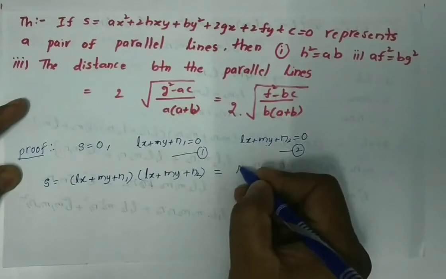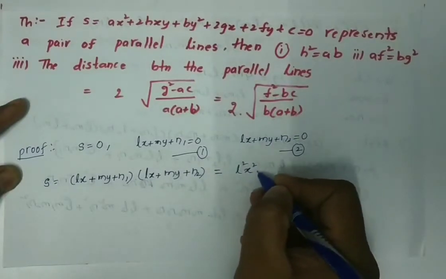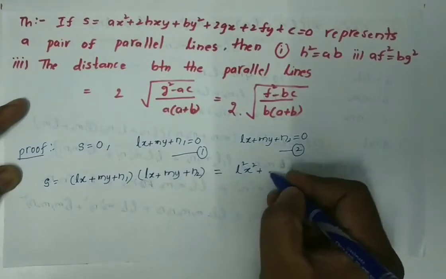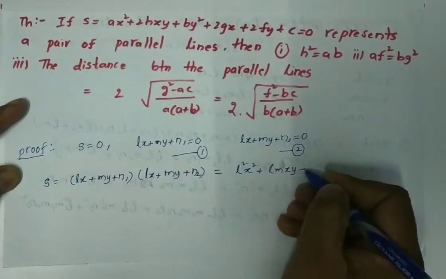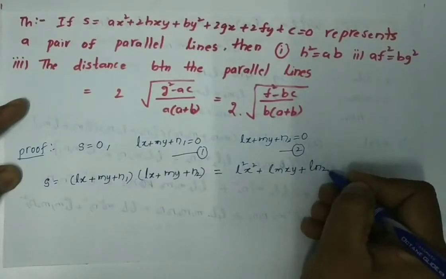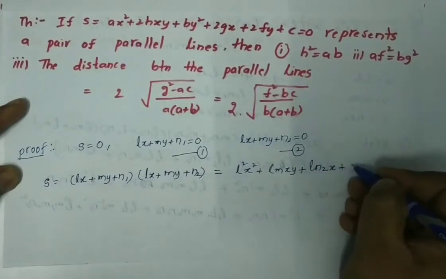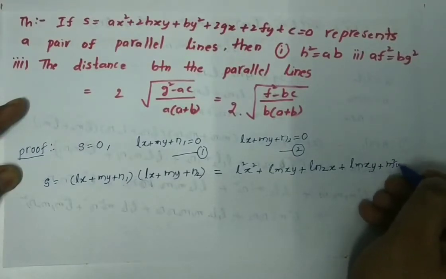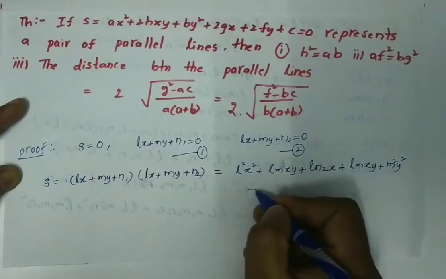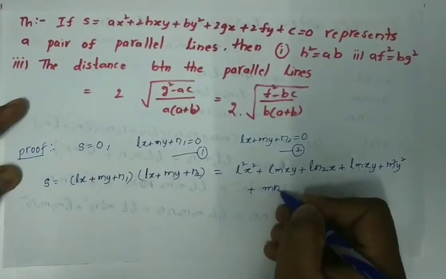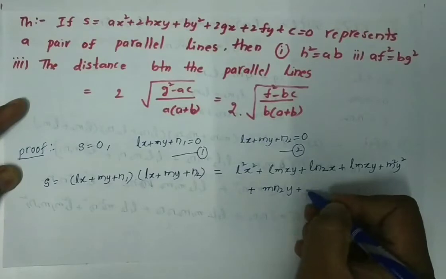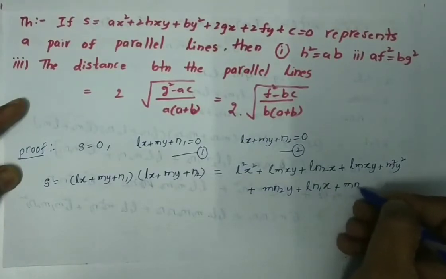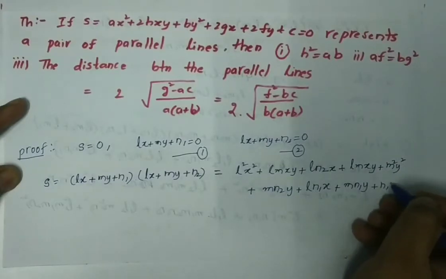Which is equal to L²x² + Lm xy + L N2 x + Lm xy + m²y² + m N2 y + L N1 x + m N1 y + N1 N2.